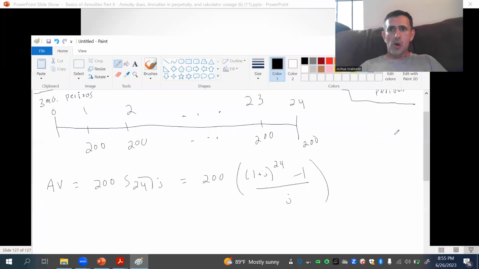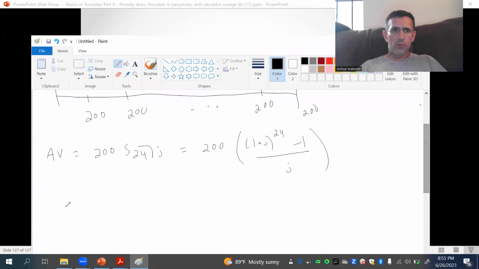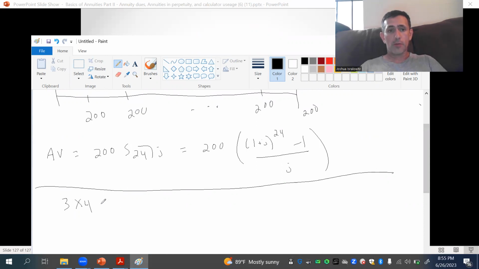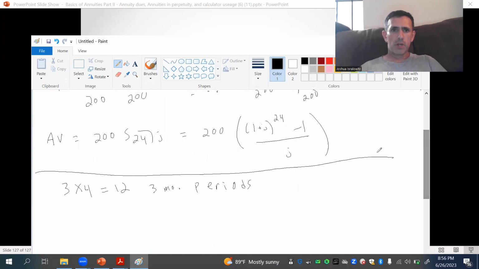So let's do the same thing for 3 years. Again, there are 4 3-month periods in a year for 3 years, which is 12 3-month periods. Don't really need the time diagram, but no harm in drawing it again.